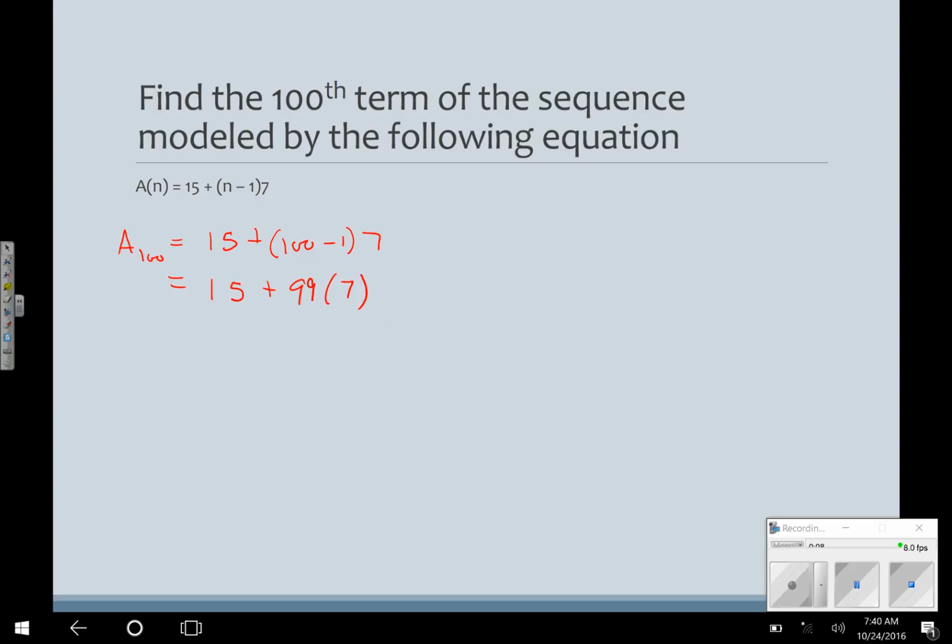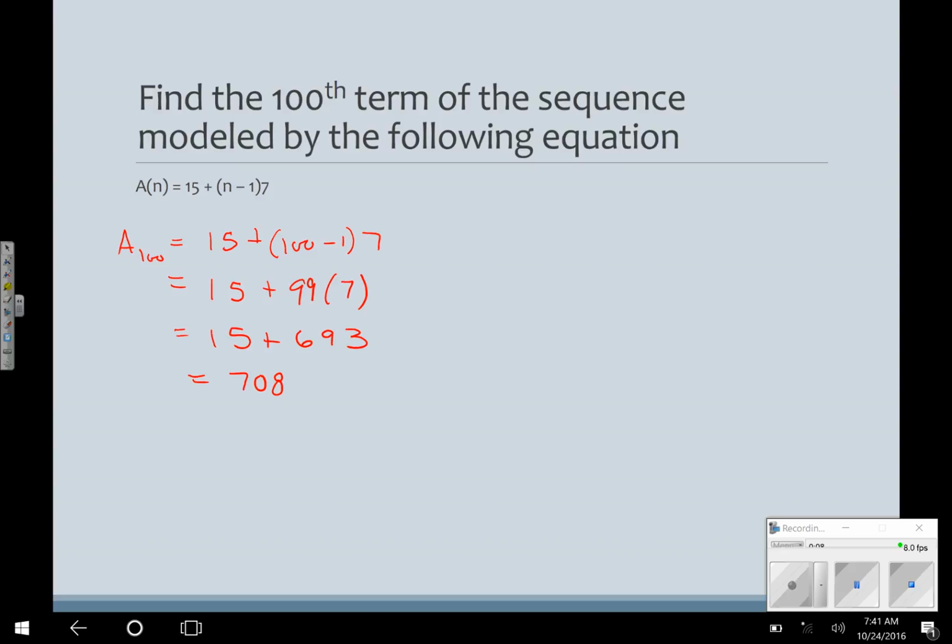So 99 times 7 is 693. So 15 plus 693. And when we add those together, we get 708 is our 100th term.